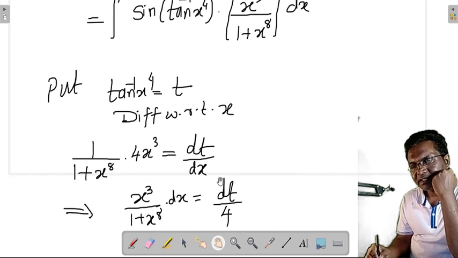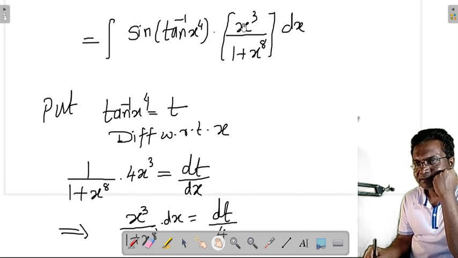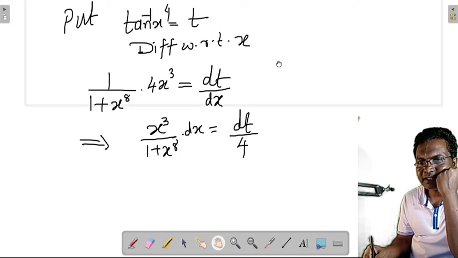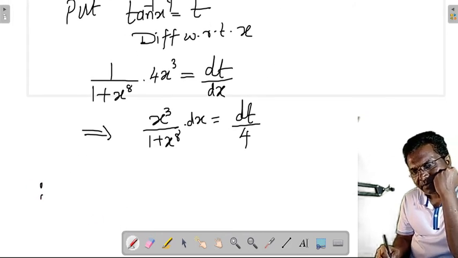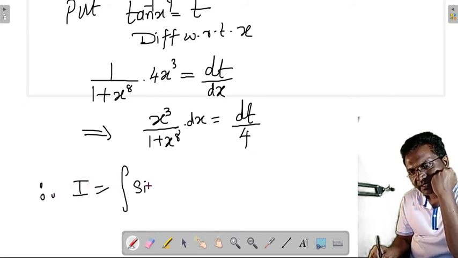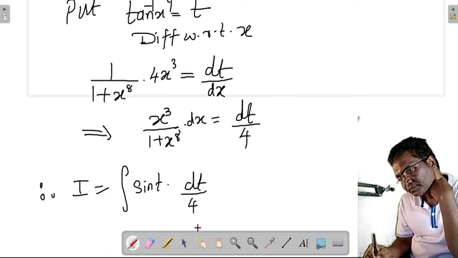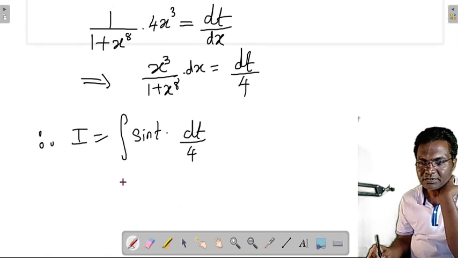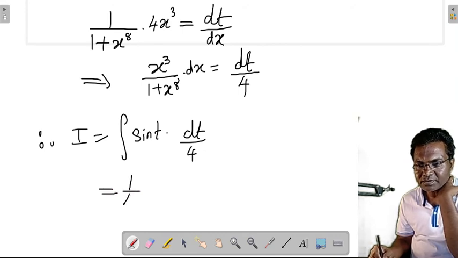Okay, so this was the reason that I have written it here. This term turns into dt by 4. This is sine t. So your I becomes just sine t into dt by 4. So 1 by 4 as it is.